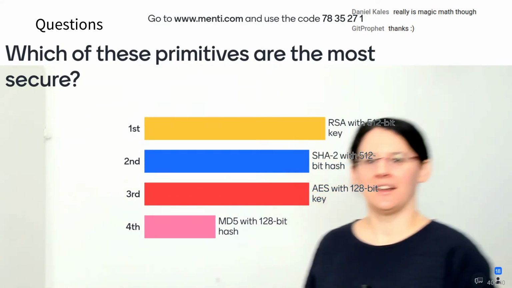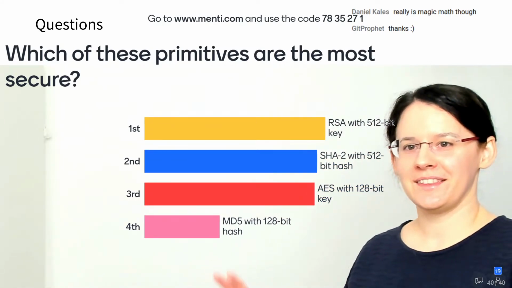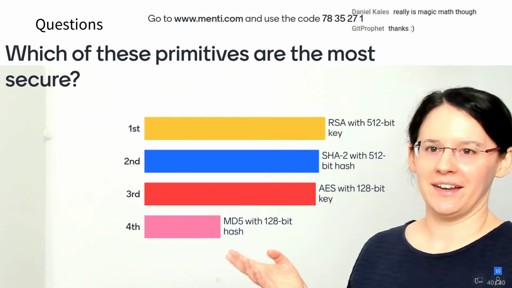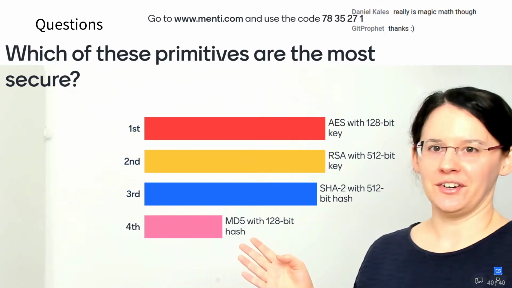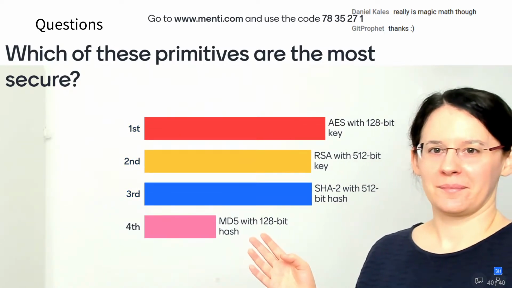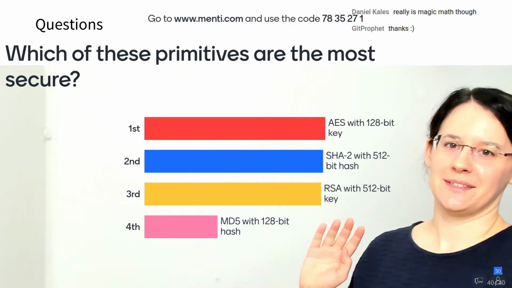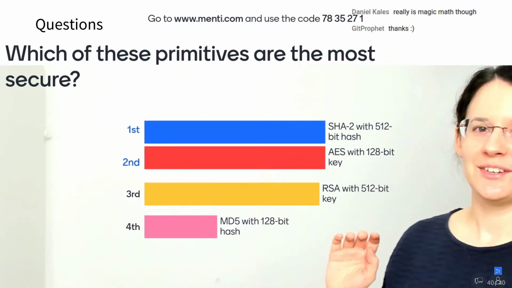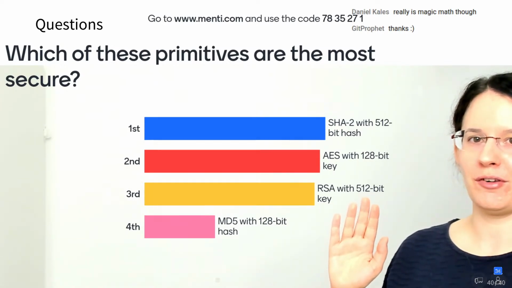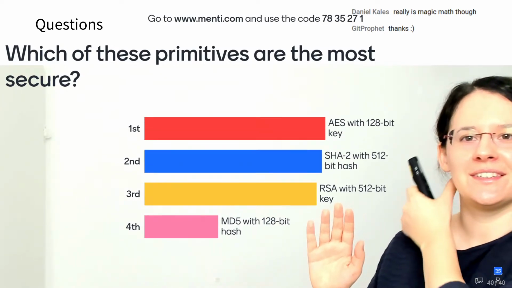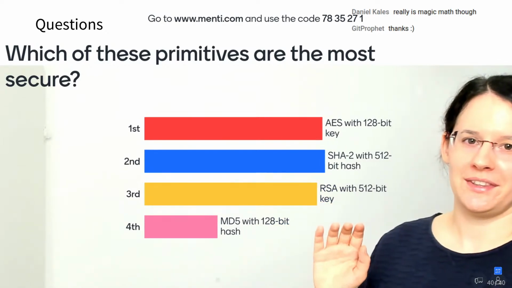So what do we have? Apparently most of you agree that MD5 is a bad idea no matter the exact key size. So that's a good start. One thing I'm a bit surprised by: oh yeah, it's beginning to become a bit better. In the beginning, some of you ranked RSA with 512-bit key almost at the top, and it's still pretty much tied with the others.